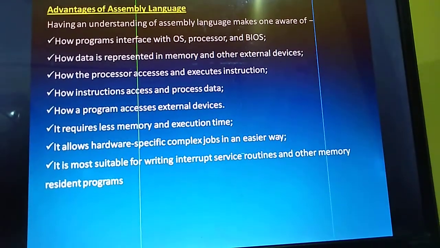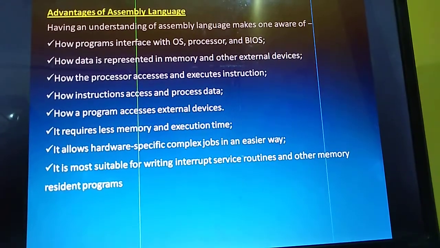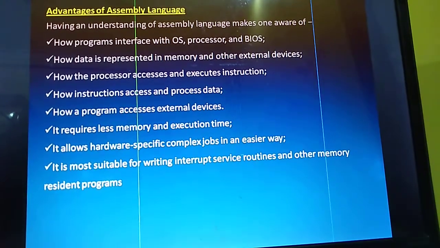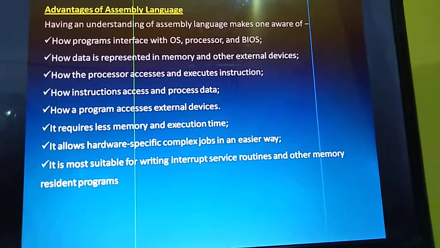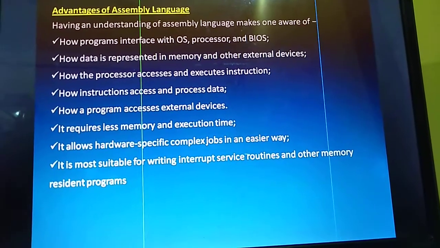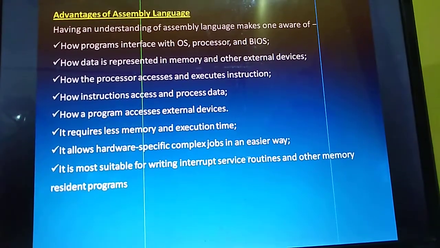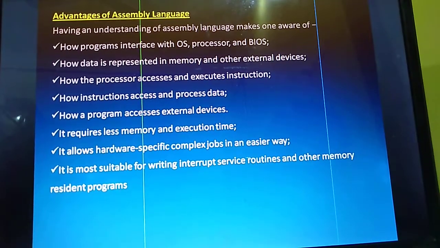Let us try to find out the advantages of assembly language. If somebody understands assembly language, it means that he or she, the programmer, is aware of what? Aware of how programs interface with the operating system, processor and BIOS.